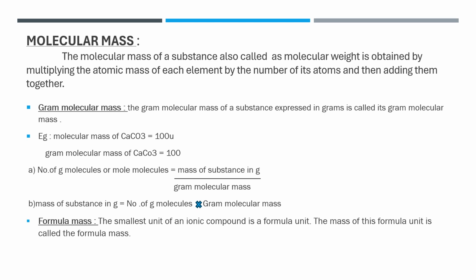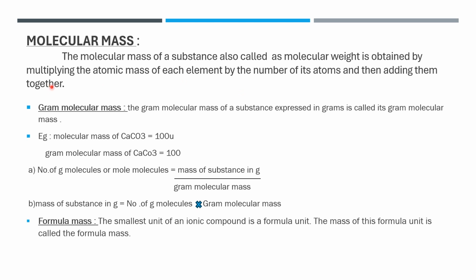Next we will move on to the molecular mass. The molecular mass of a substance is also called molecular weight. It is obtained by multiplying the atomic mass of each element by the number of its atoms and then adding them together. Mass and weight are almost similar words.